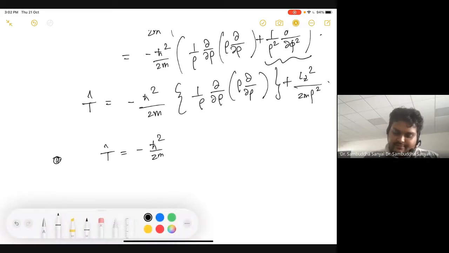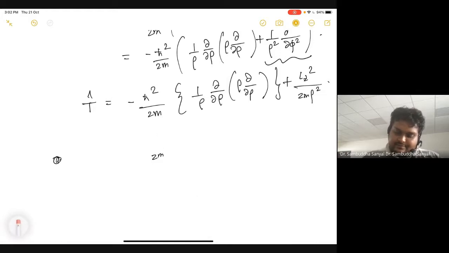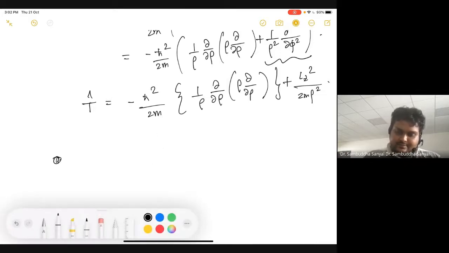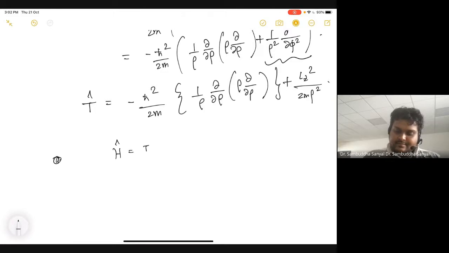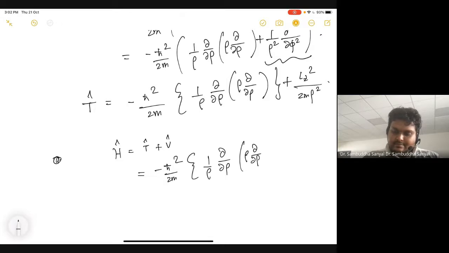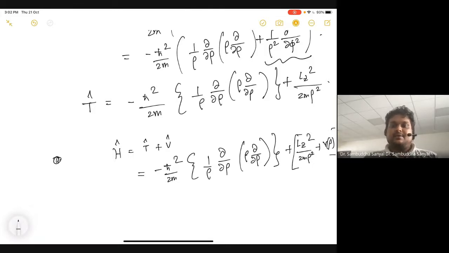So now I want to do plus some V rho. This is how you will write the isotropic simple harmonic oscillator in 2D.